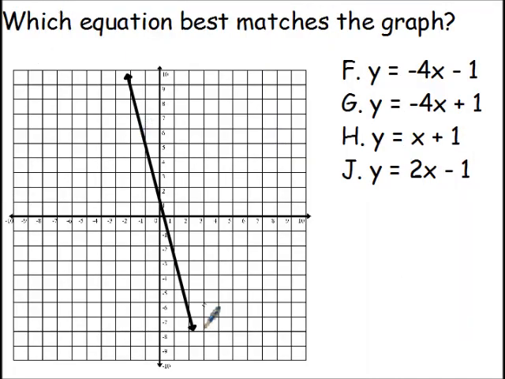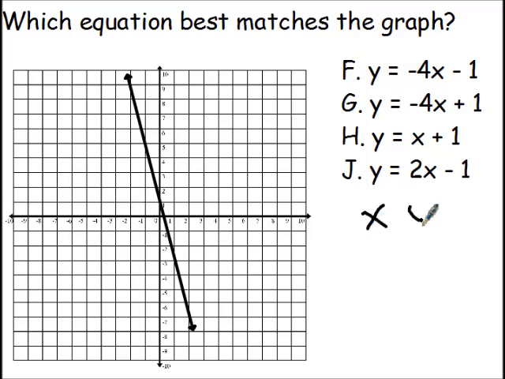Now we have a graphed line, and we have to determine which equation matches. How could we determine which equation matches? What do we need? If you said X and Y values, you're right.